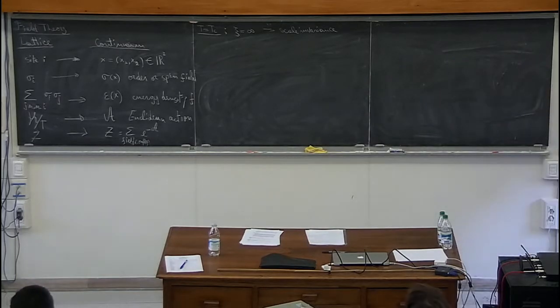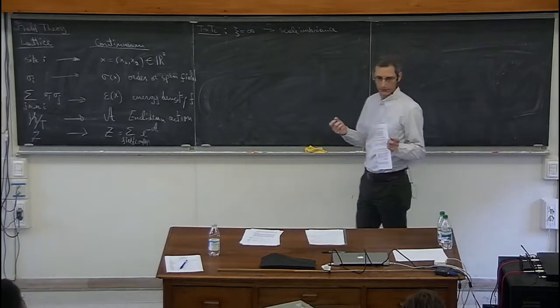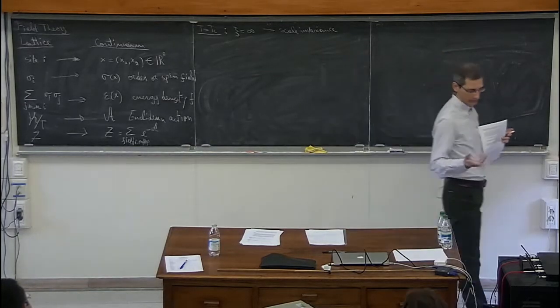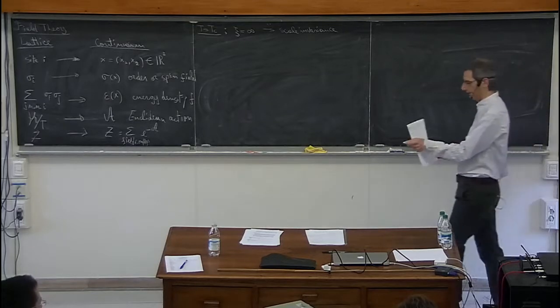In particular, this means that in the Hamiltonian you have no dimensionful coupling, because if you have some dimensionful coupling, this introduces a scale, which breaks the scale invariance.